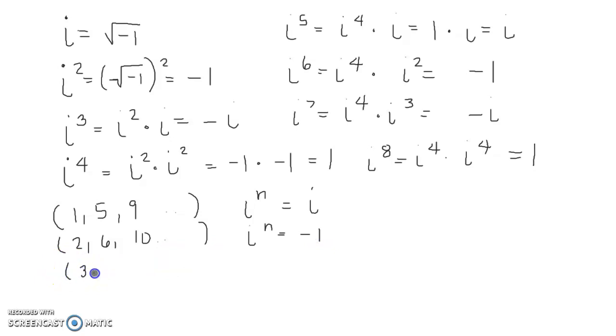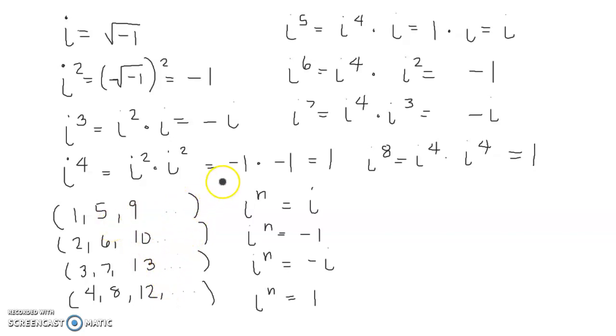And if the exponent is 3, 7, 11, the value of i to the n is equivalent to -i. Again, if the exponent is 4, 8, 12, 16, and so on, our value of i to the n is equivalent to 1. So this is the pattern that we will follow in solving for an imaginary number that is raised to n.